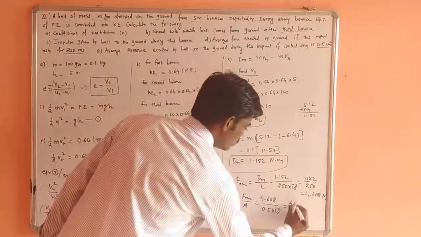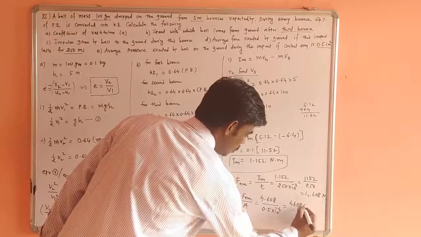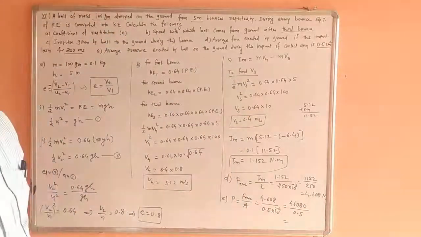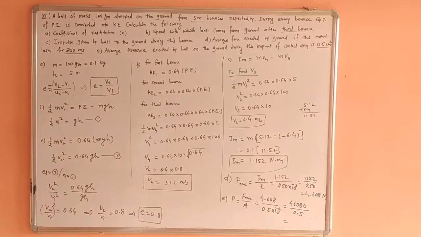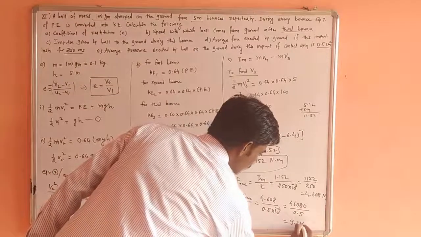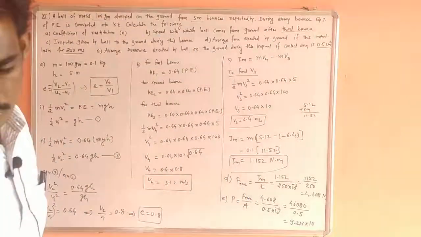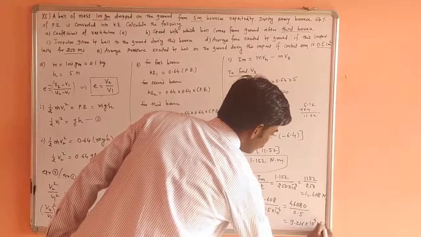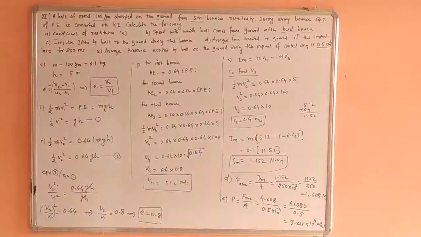So we get 4.608 divided by 0.5. The final answer becomes 9.216 into 10 raised to power 4 Newton per meter square. This is your pressure.